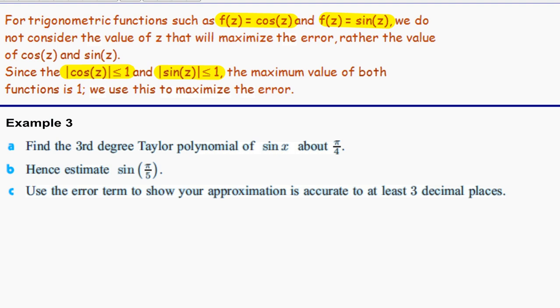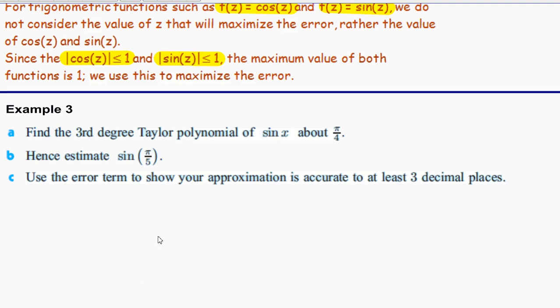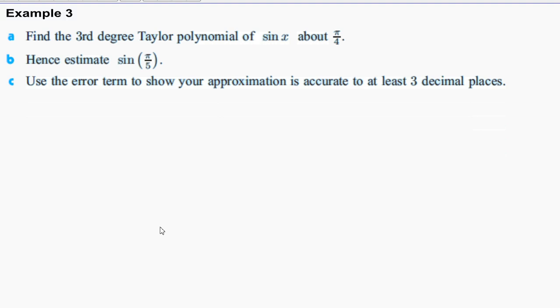All right, so example 3: find the third degree Taylor polynomial for sine x about pi over 4. So what I'm going to do is to start by finding the derivatives and the values of those derivatives.